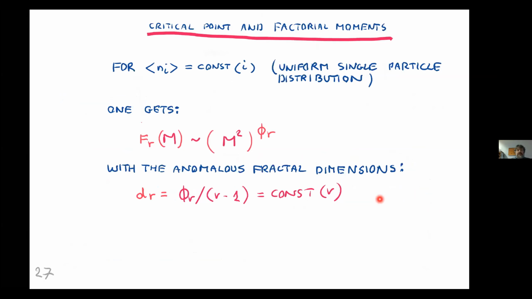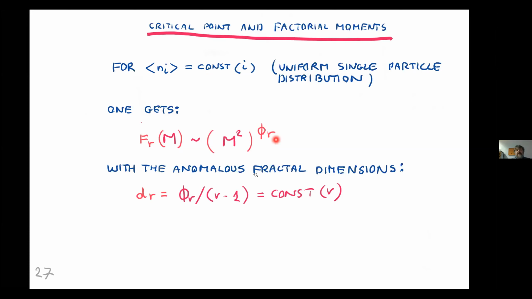The Białas-Peschanski paper was the pioneering paper on this. It showed that if the single particle distribution is uniform, which of course in pT, px, py, it's not, but assuming it is, the scaled factorial moment of order r as a function of the number of bins, into which you divided the whole space, has a power law dependence: the number of bins, pixels, to the power phi_r, where the r is there because phi depends on the order.